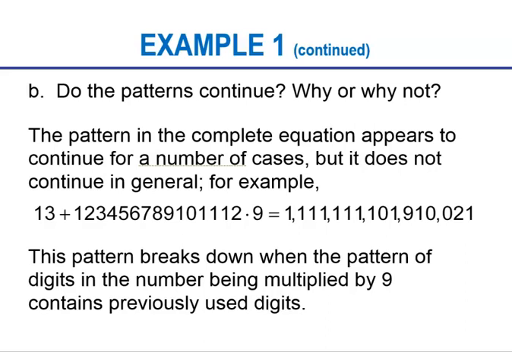What do they mean by that? Well, right here, we get to 9, but then we've got a 1, we've got a 0, which is not previously used, but the 1's previously used. 1, 1, 1, 2. All those are previously used digits. So it was fine until we got up to 9. But then when you go to 10, we've got previously used digits.